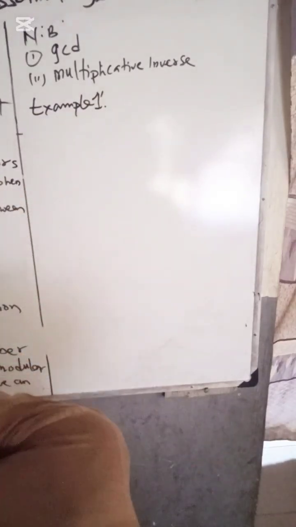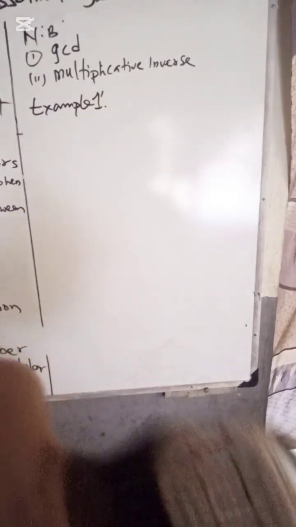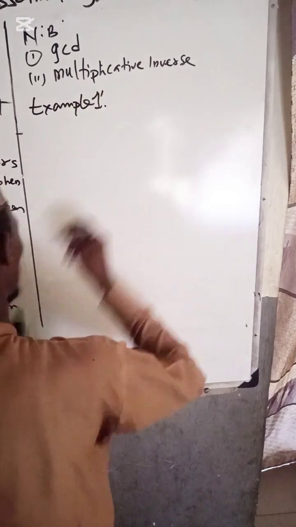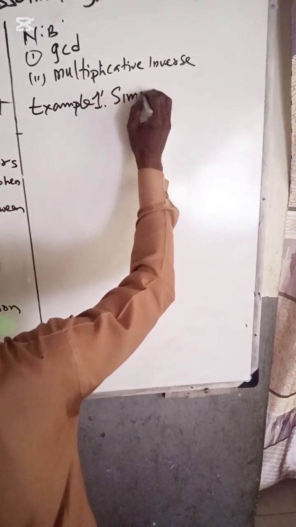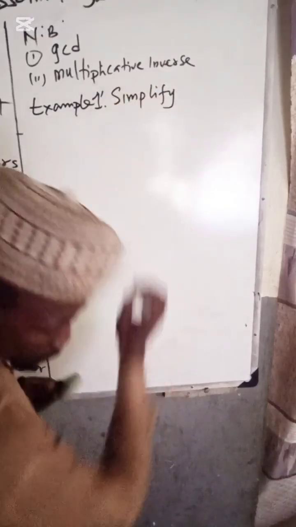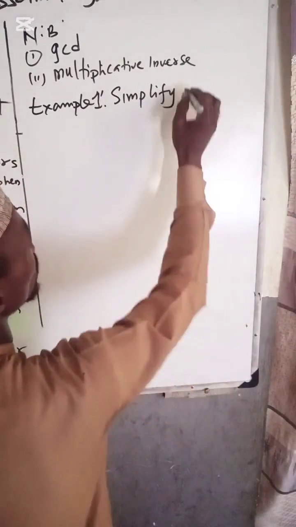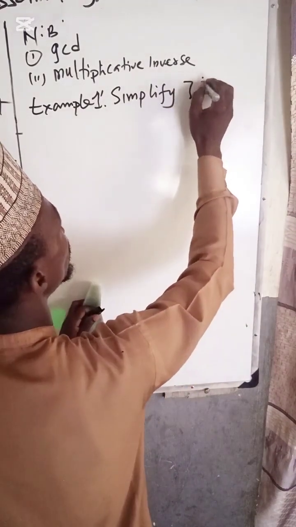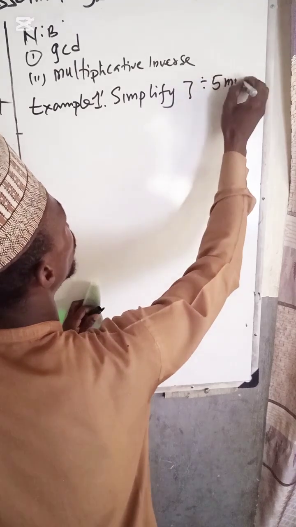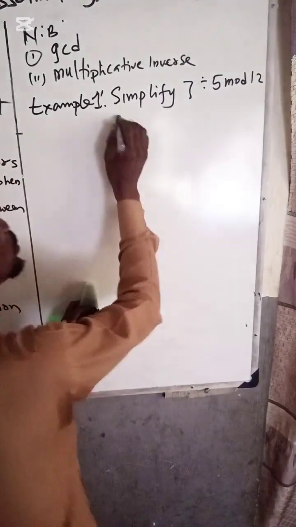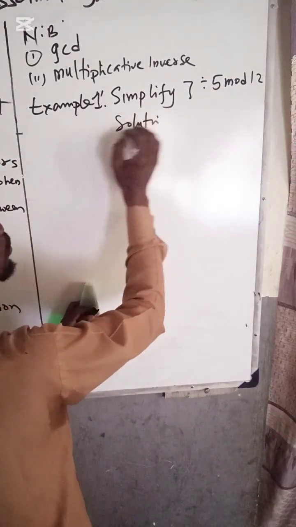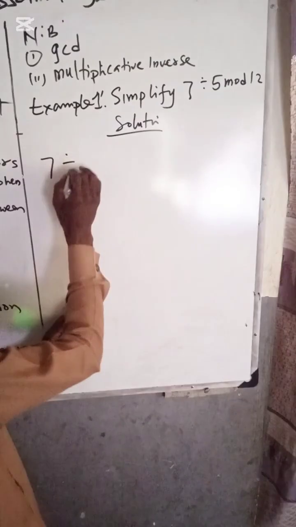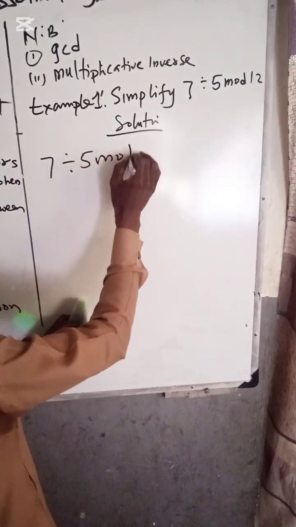Let's say we have: simplify 7 divided by 5 mod 12. Solution. The question is 7 divided by 5 mod 12.